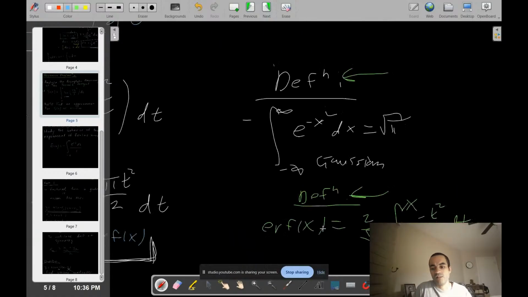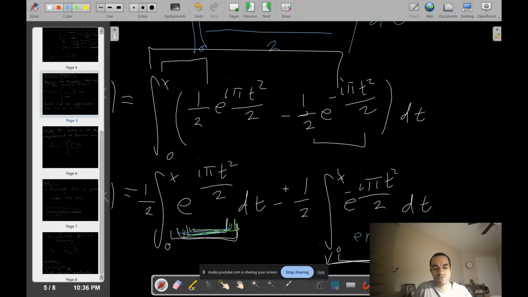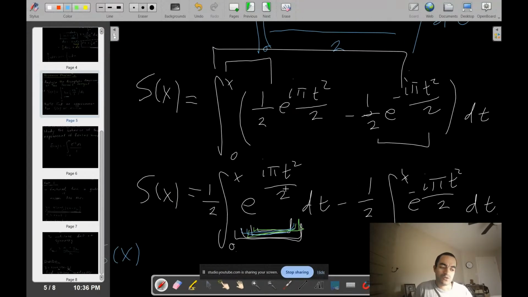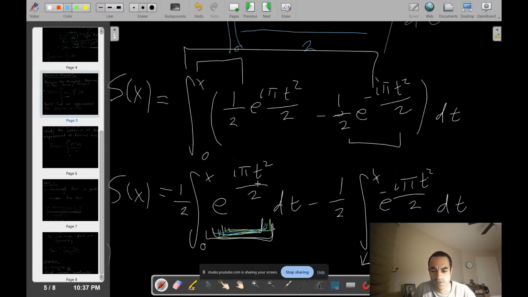Not Gaussian integral, an error function of some sort. No, because Gaussian would work by converting to polar, then it would be r squared, and then r d theta to get the double polar coordinates. For those of you who know multivariable calculus, you know what I mean. That won't be quite it here because we're integrating from 0 to x. Double polar coordinate transformations for a Gaussian integral has to have improper integrals, right? So that's not going to work.